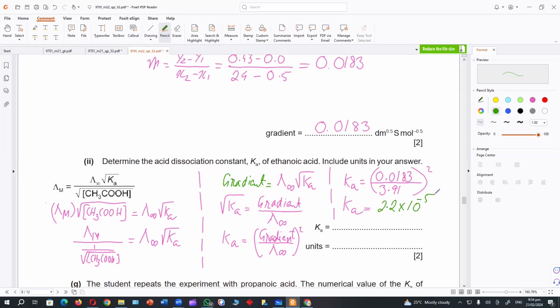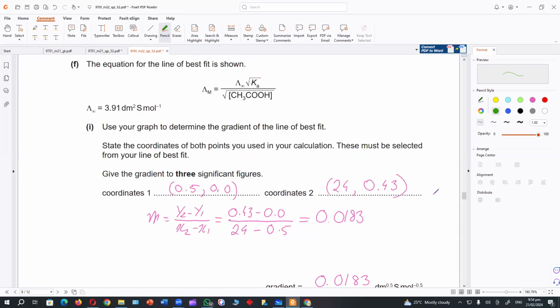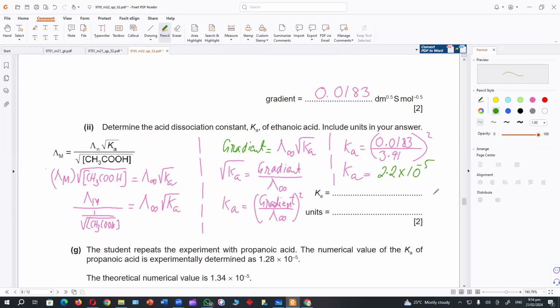He says give the unit also. We have the unit of the gradient. So we can simplify dm 0.5 s mole 0.5. And what is the unit of this? Unit is dm square s per mole. So let's try to simplify the unit here.